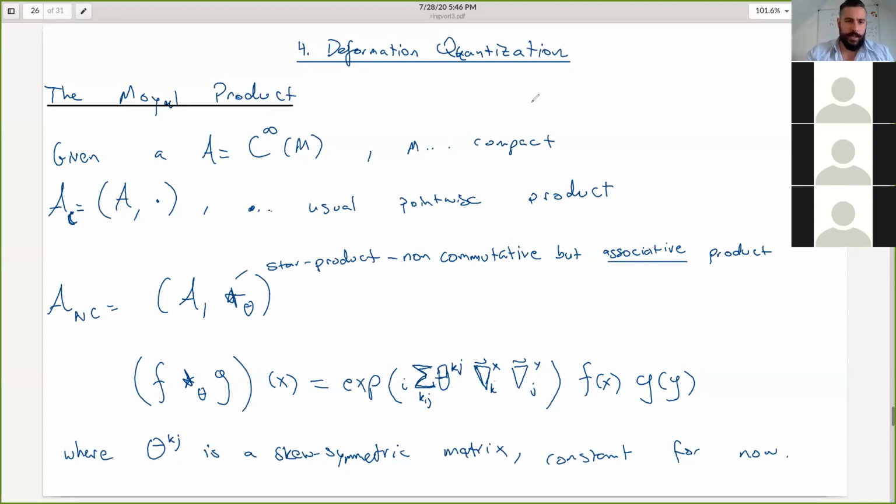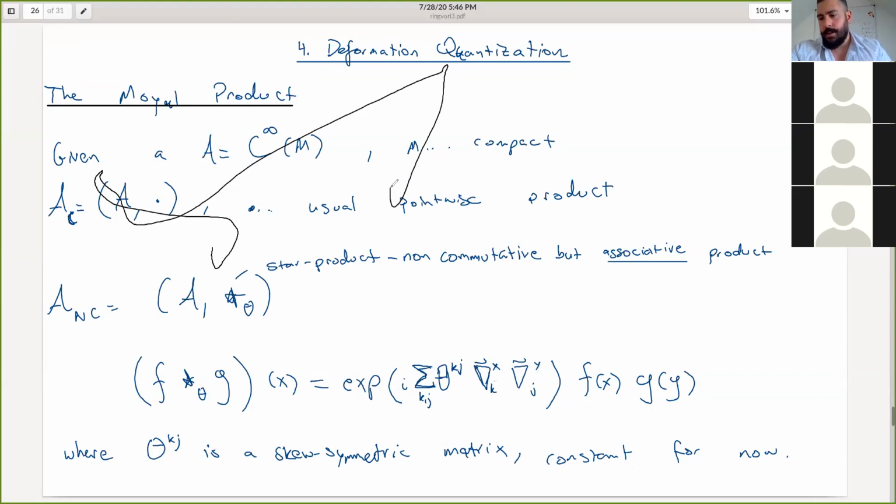Let me give you a concrete example. Let's say you have an algebra given as the algebra of all continuous functions over some compact manifold, with the pointwise product. These two things give you a commutative algebra, right? Now I can take this algebra A again, but replace its pointwise product by a so-called star product, which is non-commutative but associative.